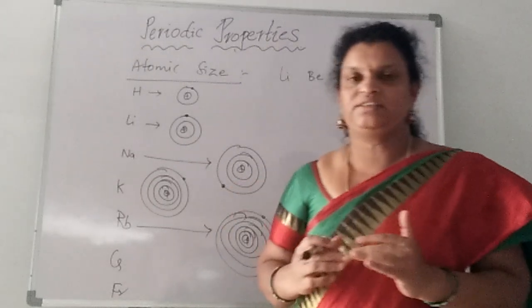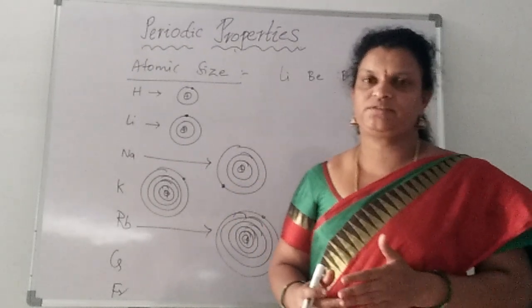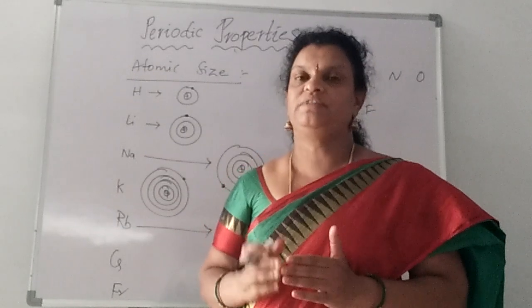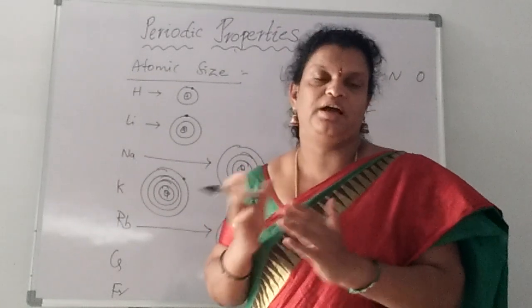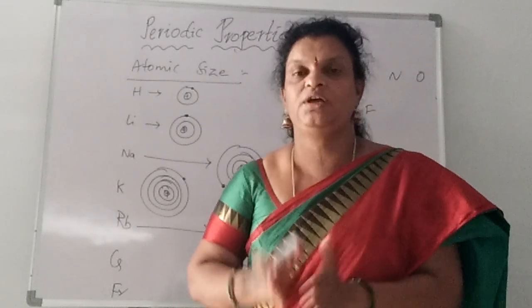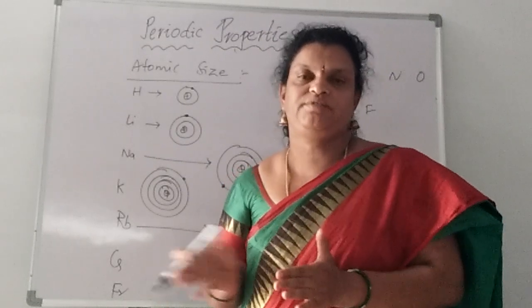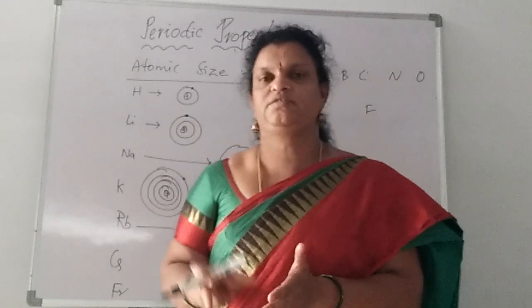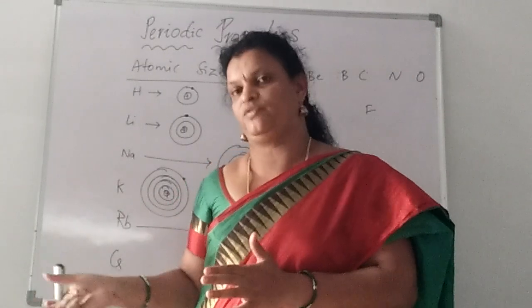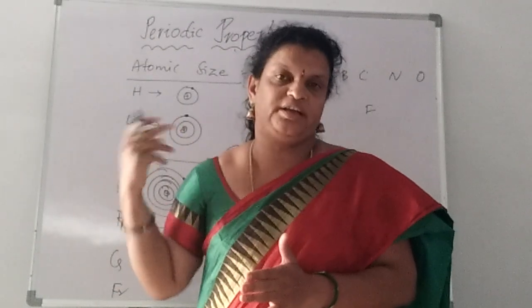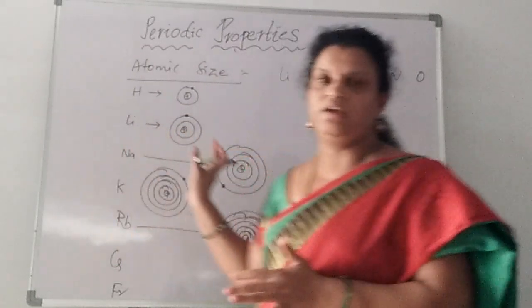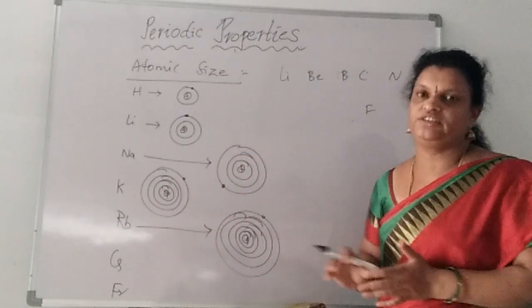As inert gases are unable to participate in chemical bonds, we are unable to calculate the covalent radius or metallic radius exactly. That is why we go for the van der Waals radius, which will be greater compared to the remaining radii. So that is why I am not taking the inert gas here. Remaining all we will check.